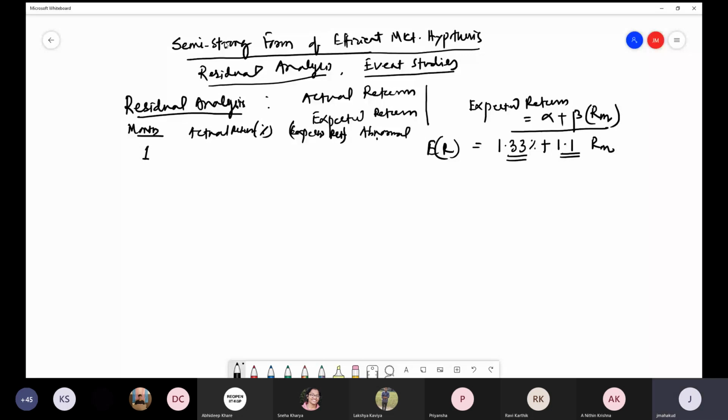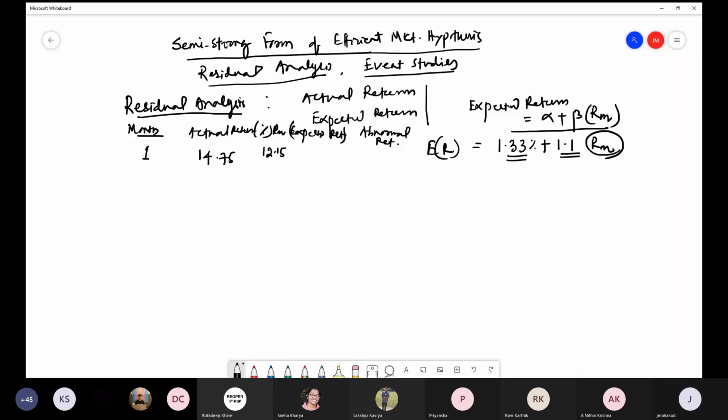So month 1, your actual return is 14.75. And you have to calculate your expected return, and to calculate the expected return, we need the market return. So here I am giving you also the market return. Market return is 12.15.